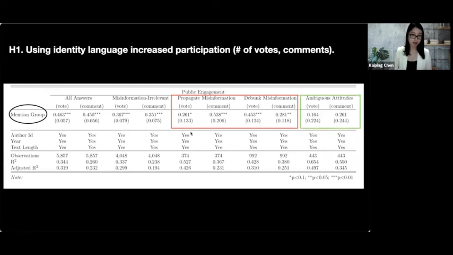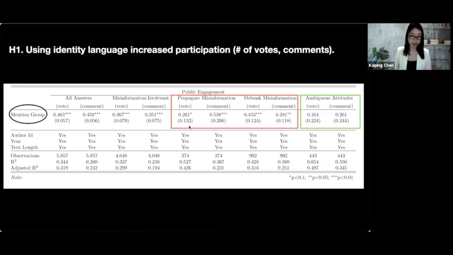First, look at the red box here. We found that using identity language increased users' votes and comments on a post. That is true for posts that propagate misinformation and debunk misinformation.